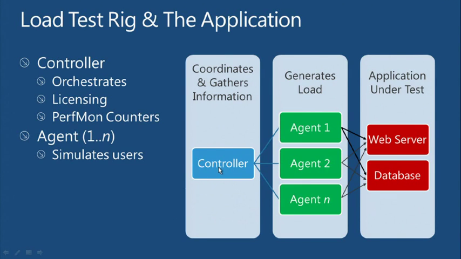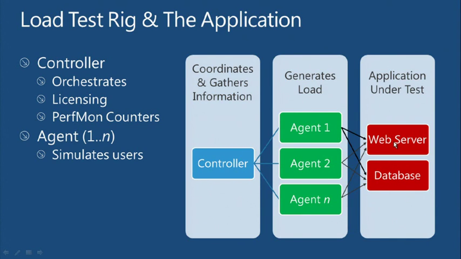And the controller is also going out and talking to all the machines that you have perfmon counters configured for, and it's capturing those perfmon counters and logging them into a database. Okay? So the idea here is you're going to simulate an awful lot of users, and you're going to record all the data that's happening on the application under test.